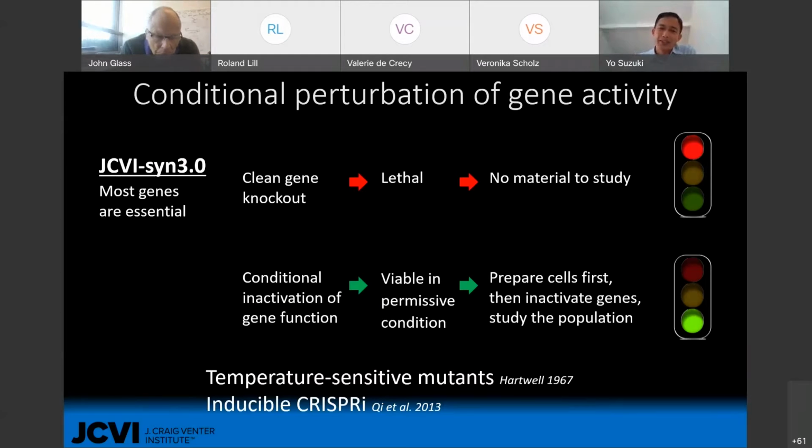So you need a conditional inactivation of genes. Then you can make biomass at the permissive condition, and then activate or inactivate genes, and then study the population with lots of cells. Traditionally, temperature-sensitive mutants were used for this, and these days we use inducible CRISPRi.